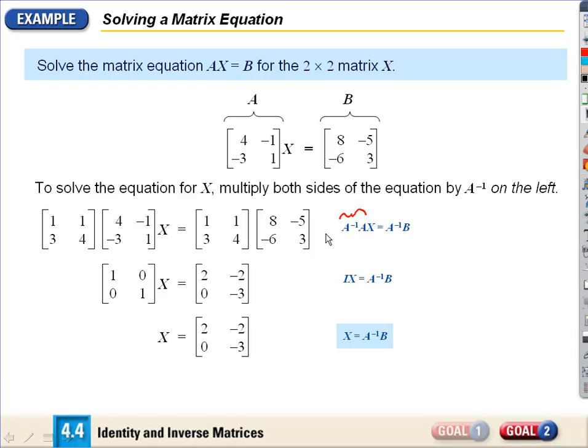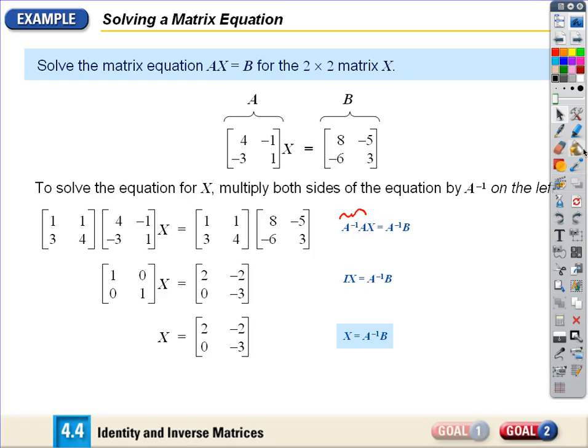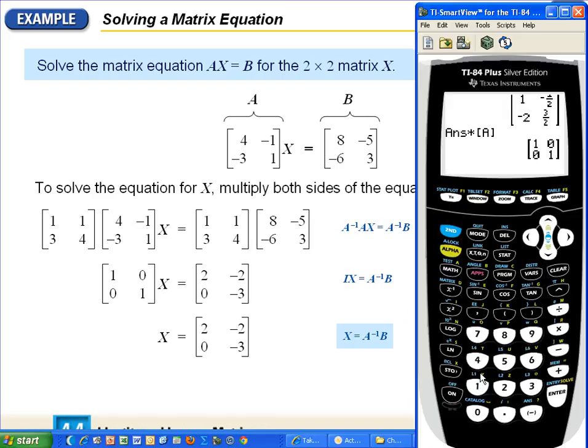Let's do this one on our calculator, just to show you that this might look complicated, but on the calculator it's pretty darn simple. So if I want to do this problem up here, this is matrix A, that's matrix B, I know that to isolate X, I'm just going to divide both sides by matrix A, which is the same thing as multiplying by A inverse from the left.